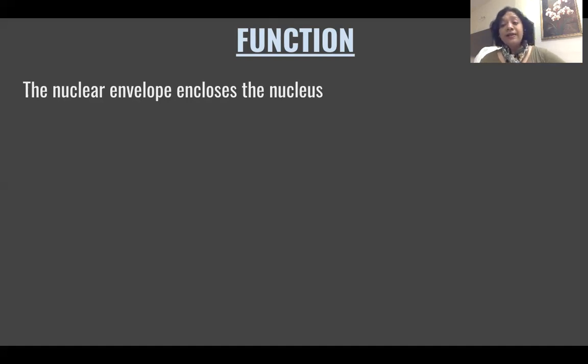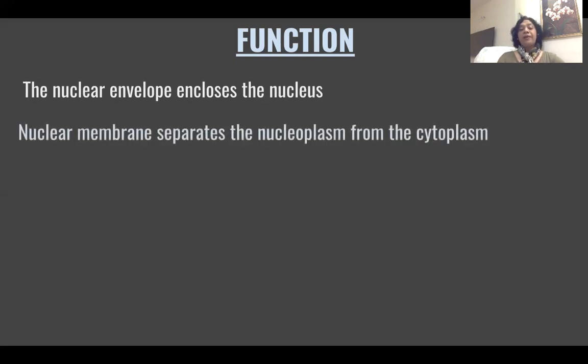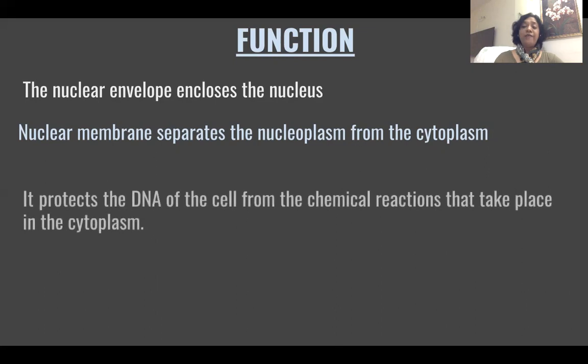And because it encloses the nucleus, and we are talking about the eukaryotic cell, it forms a physical barrier. You can see that it stands in between the cytoplasm and the nucleoplasm. The nuclear membrane separates the nucleoplasm from the cytoplasm. That is what I have been telling.